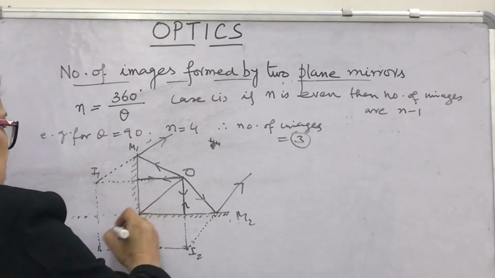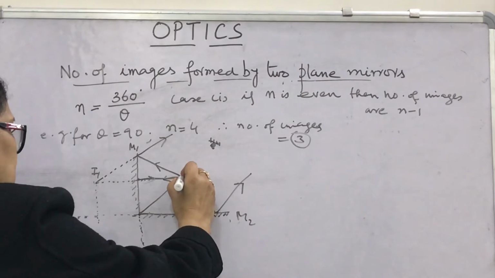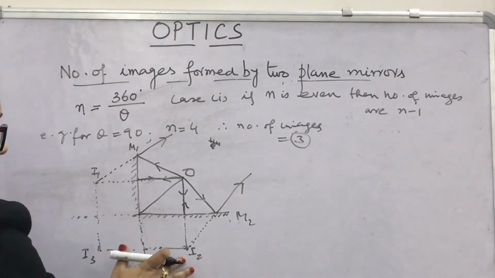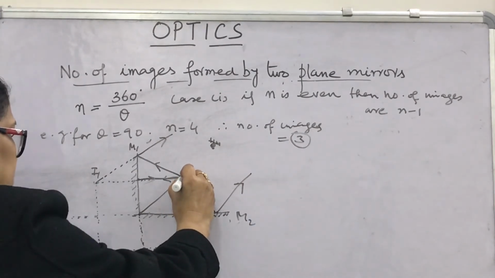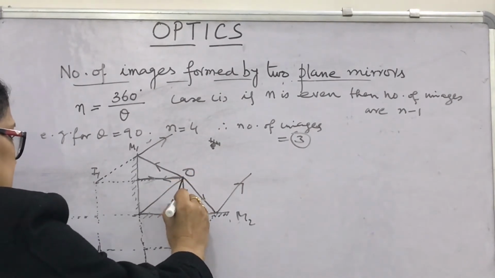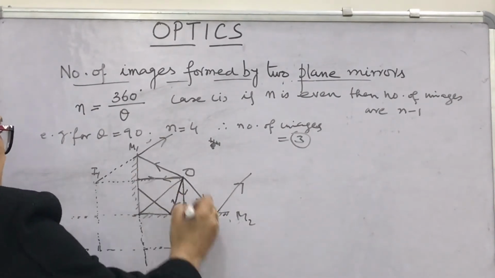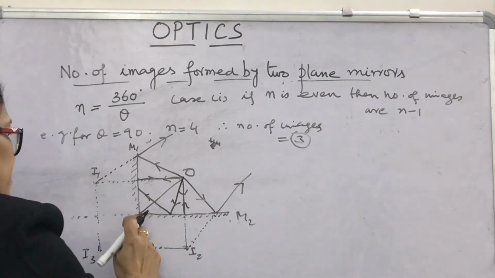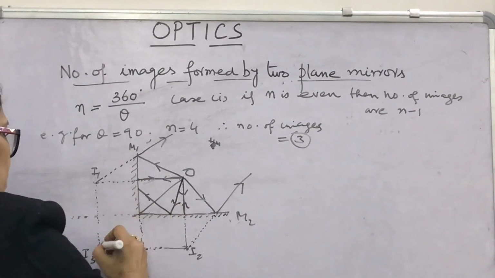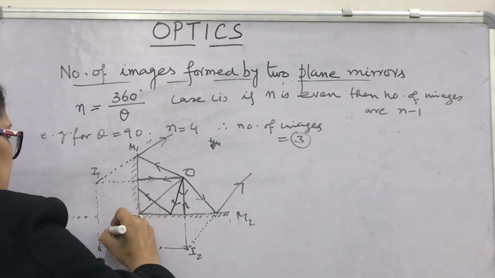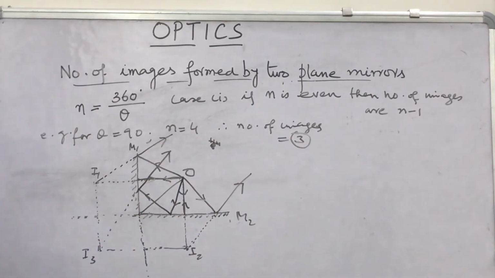If you find the position of I3, then one ray is coming. Look, this is for I1 and I2, it is clear. Another ray you can show coming from O in such a way that it comes to M2, is reflected from M2, and falls on M1. Now it will reflect in such a way that it seems to be coming from I3. So you have to join here and show this is the reflected ray.